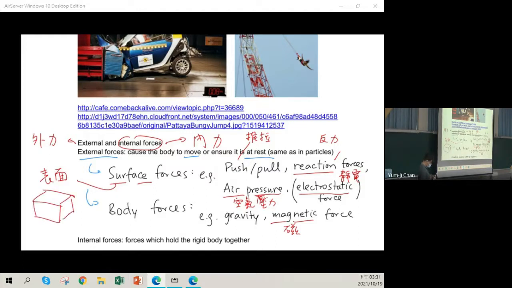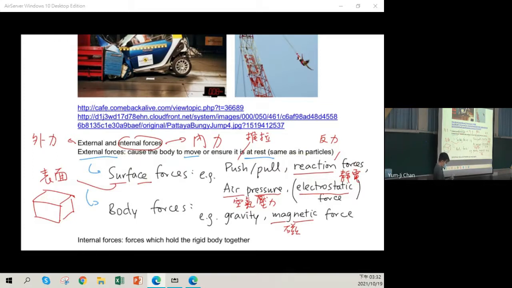Surface forces act on surfaces. So pushing forces and pulling forces all act on surfaces, and reaction forces also work on surfaces only.